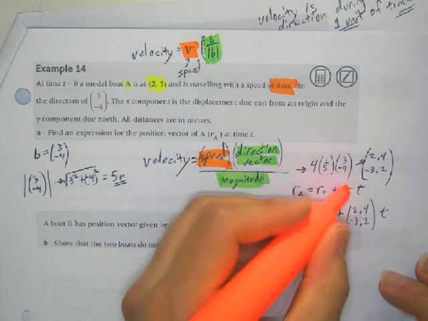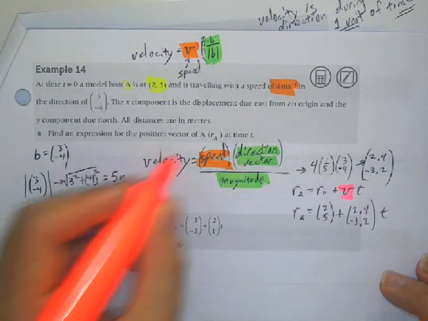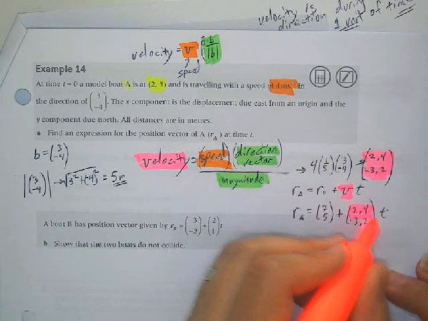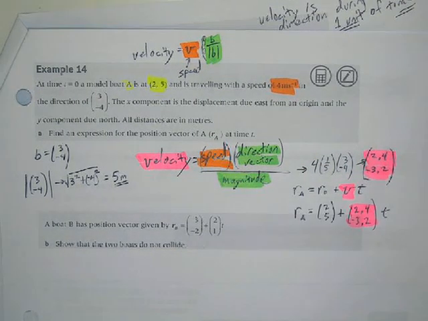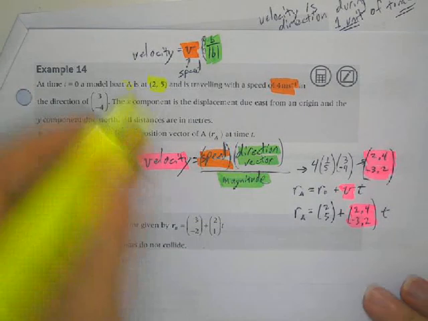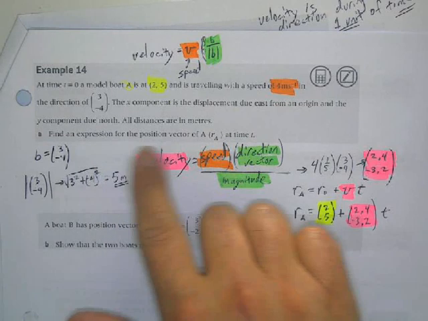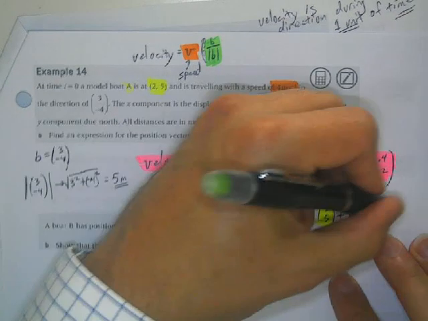My velocity we just calculated, and my initial position was 2, 5, so now we've got my expression for the position vector r_A at time t.